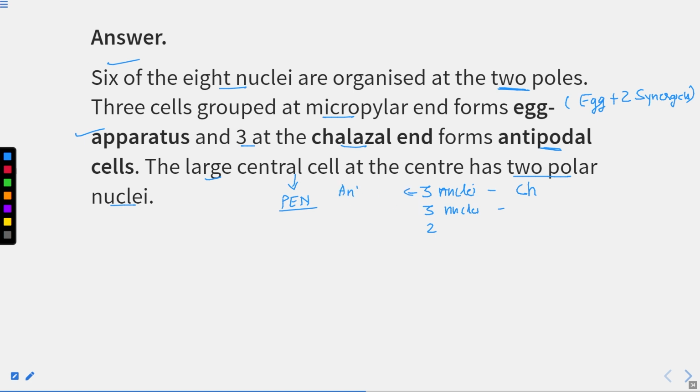And the synergids and the egg cell, you can say the egg apparatus, again have 3 nuclei, present at the micropylar end. And 2 nuclei are present in the center. So if we add these, we get 8 nuclei and a 7-celled condition, because the 2 polar nuclei present in the center fuse.